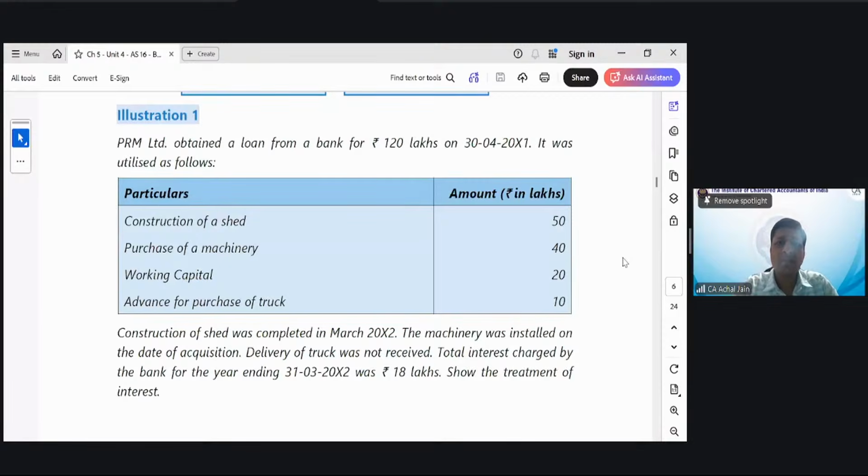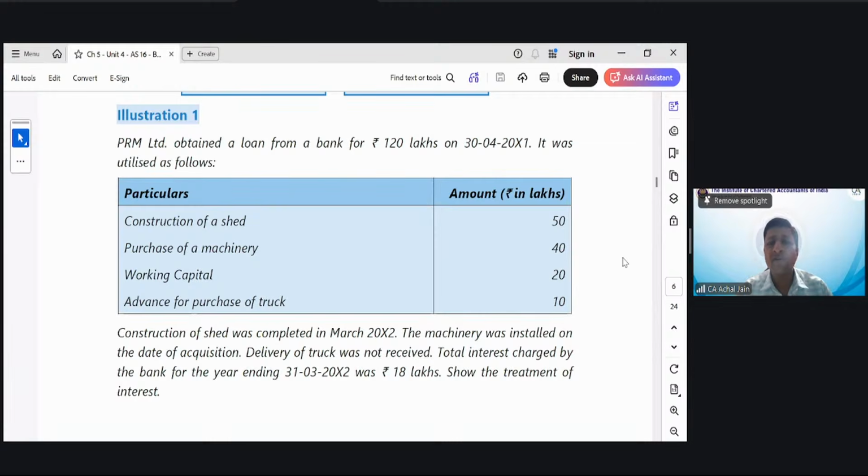Now, in the given situation, if you talk about construction of a shed, there are two parts to it. See, it's not necessary that the interest cost has to be incurred for a period of 1 year or more. The important part is to find out whether the asset is a qualifying asset or not.